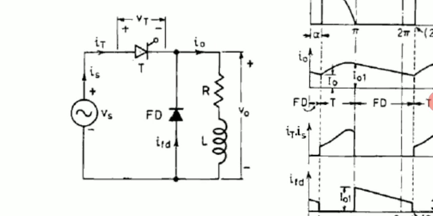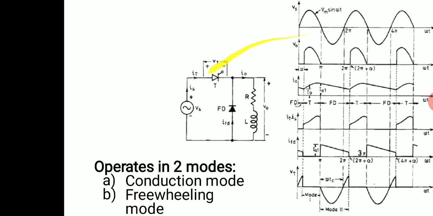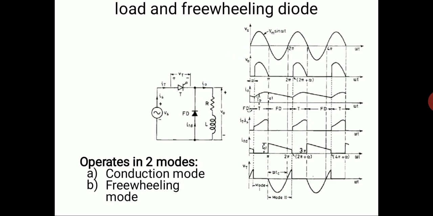We will be discussing the use of freewheeling diode and the merit and demerit of this diode later in this session. And before we analyze our waveform, we must remember that this circuit will operate in two modes. First mode is called as conduction mode.